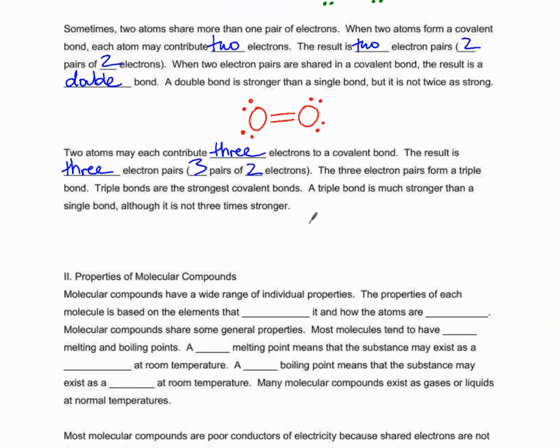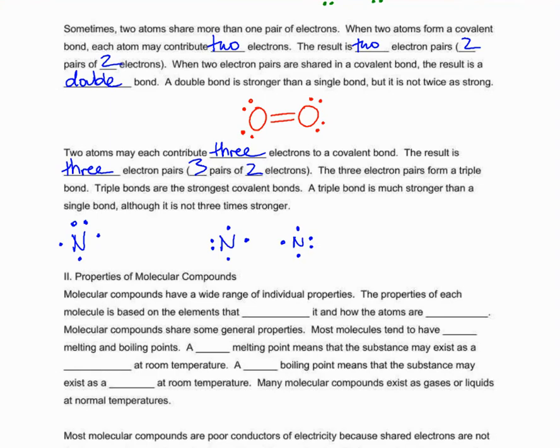So for this one, we'll talk about nitrogen. And nitrogen has 5 valence electrons. So when we have 2 nitrogens that are in close proximity, they will start to share valence electrons.